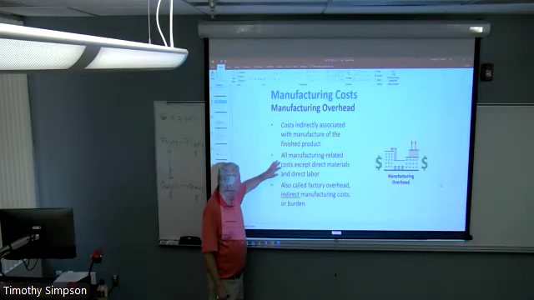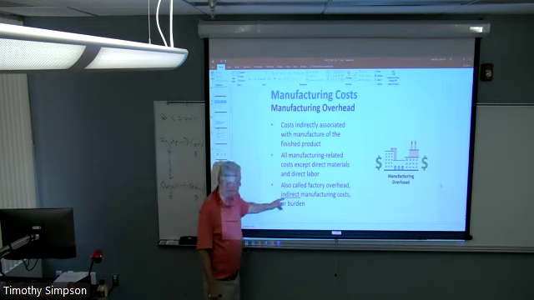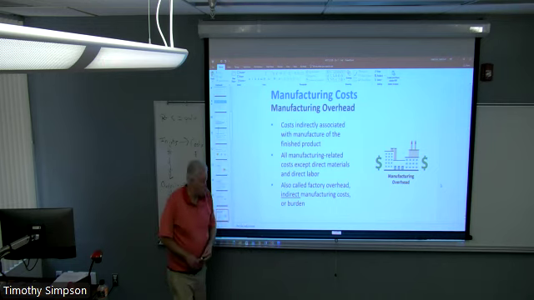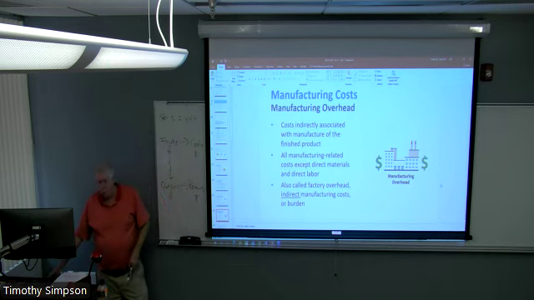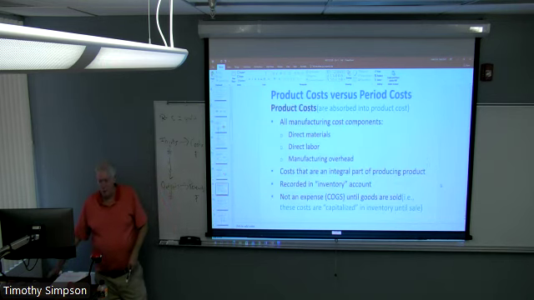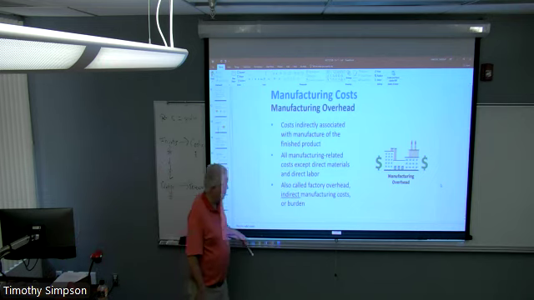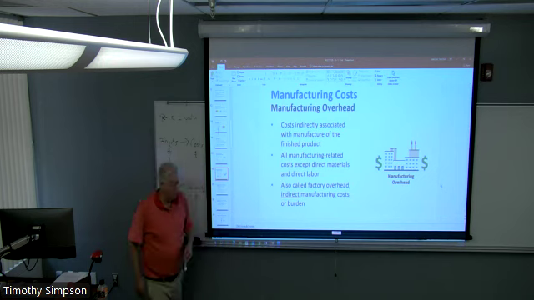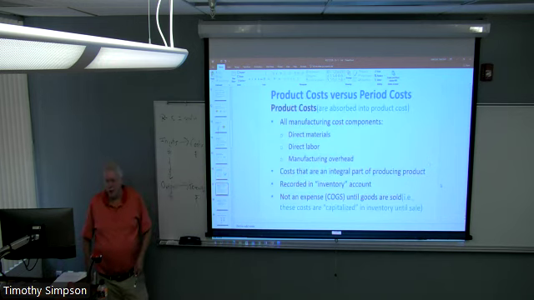Okay, these are manufacturing related, except these 2 direct items that we talked about earlier, which is why we call these indirect. And by the way, it's not just indirect materials, indirect labor. It's a whole bunch of other things. And so we're going to talk about those in a minute, including things like depreciation on equipment, which is a very difficult thing to tie to a product itself. So we'll get to those.